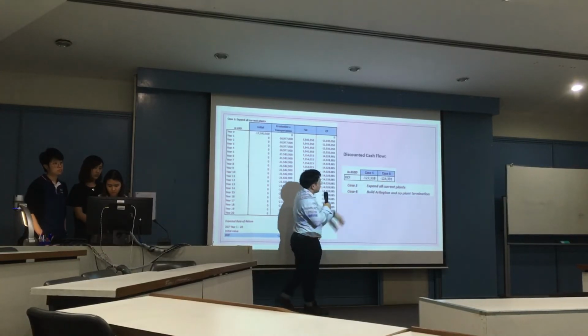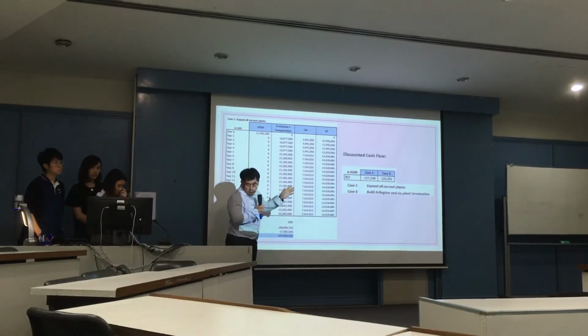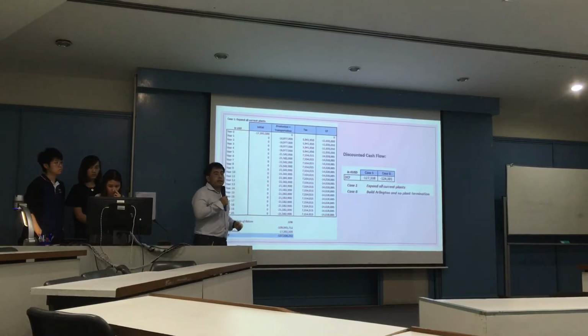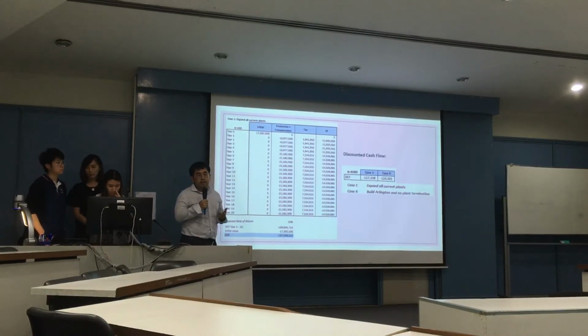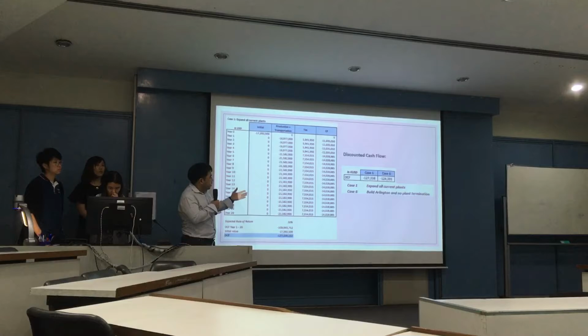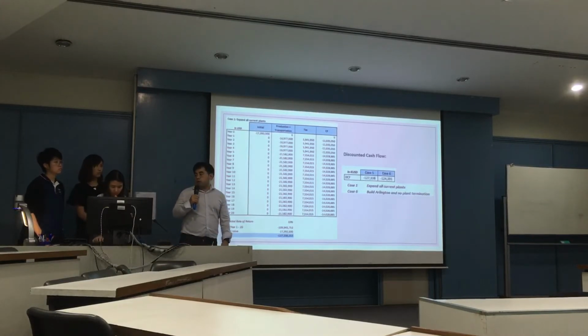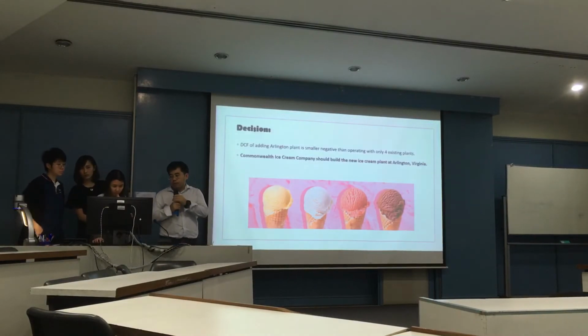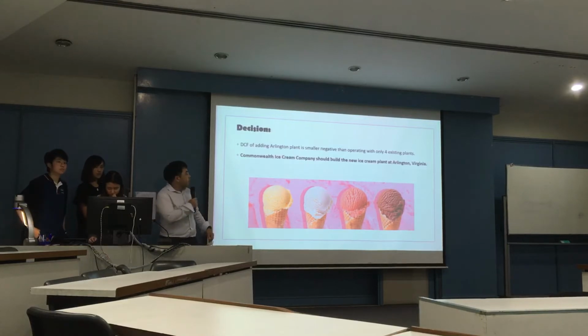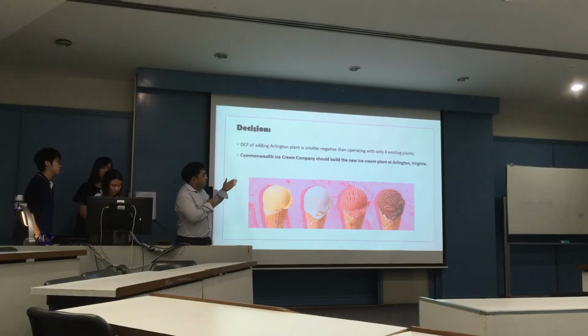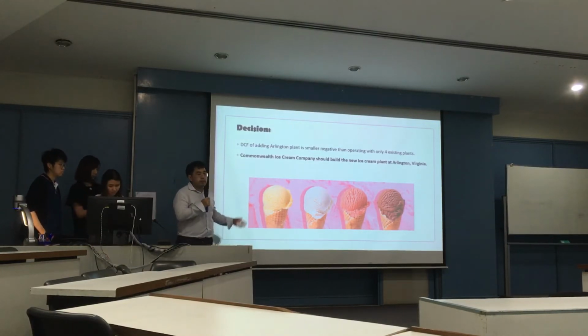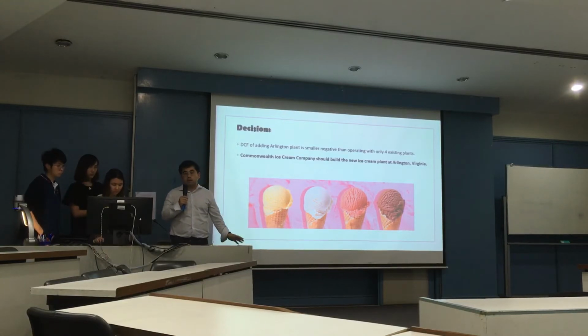So it implies that constructing an Arlington plant will give us the best solution. In conclusion, we should build another plant in Arlington to get the best cost.